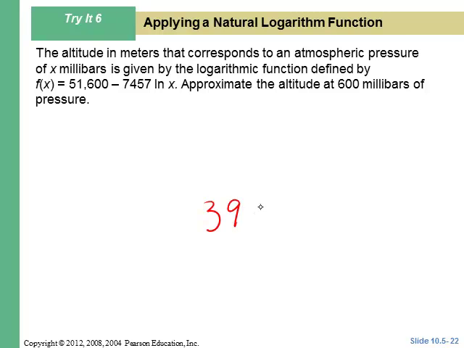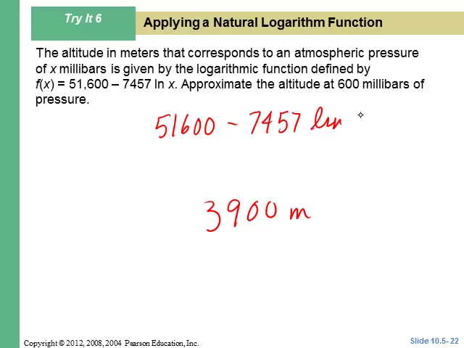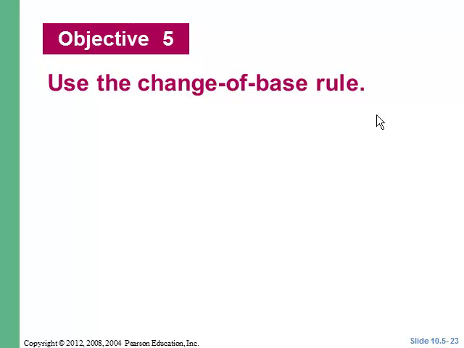Now, according to my textbook, it comes out to be 3,900 when you take 51,600 minus 7,457 ln 600.